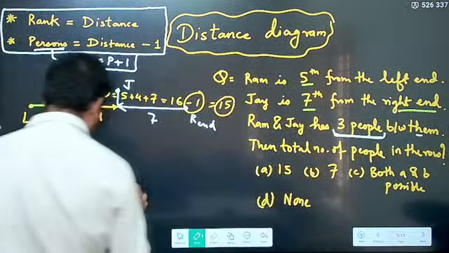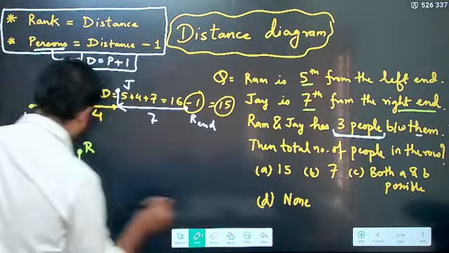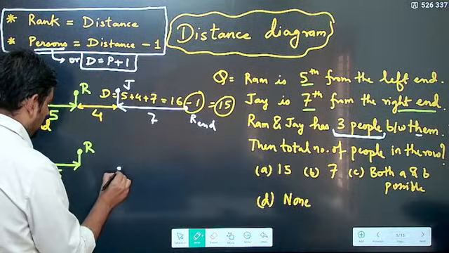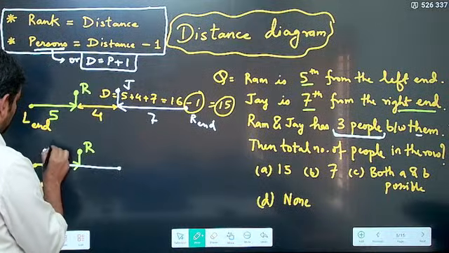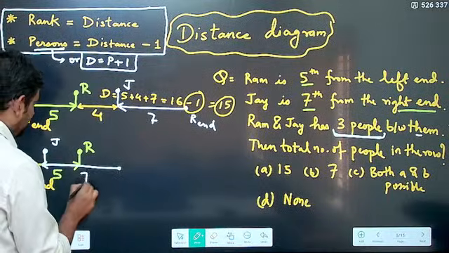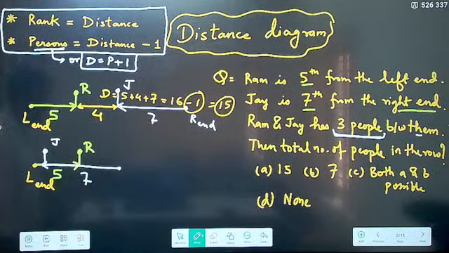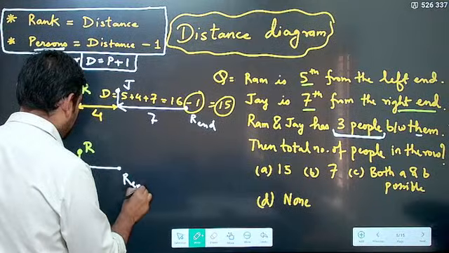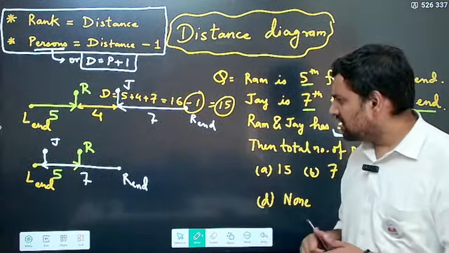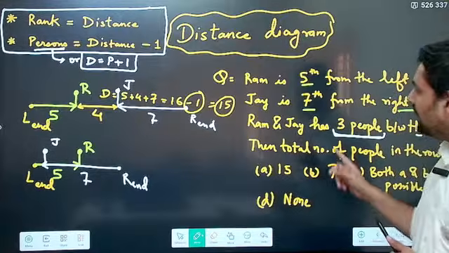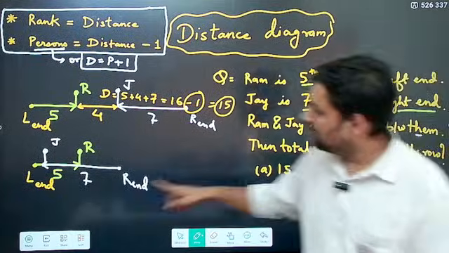Observe this case now. So see now, I am drawing J. Now if this length is 7 and this is the right hand, is this also a possible diagram? Yes. The only thing I needed to ensure was Ram is 5th from the left hand.